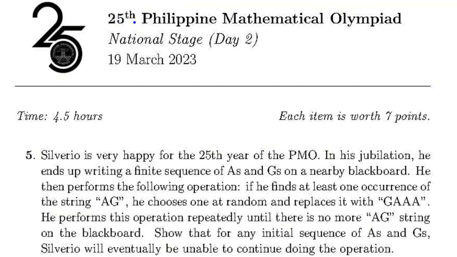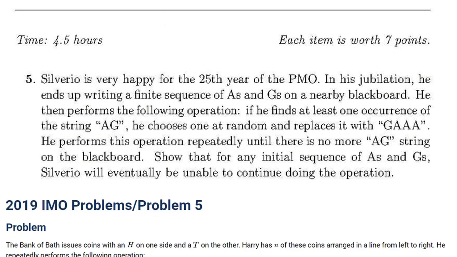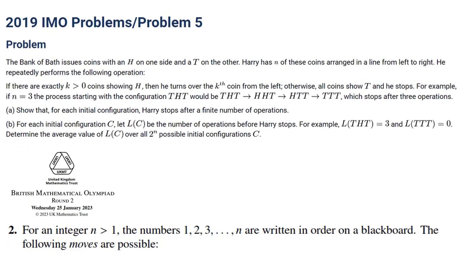We want to solve the 25th problem of PMO, Philippine Mathematical Olympiad, Day 2 national level, Problem number 5. In this problem, we want to use an idea that is also useful in IMO 2019, International Mathematical Olympiad, problem 5, second problem of day 2, part A, useful invariant, for these types of problems that, for example, say something stops.